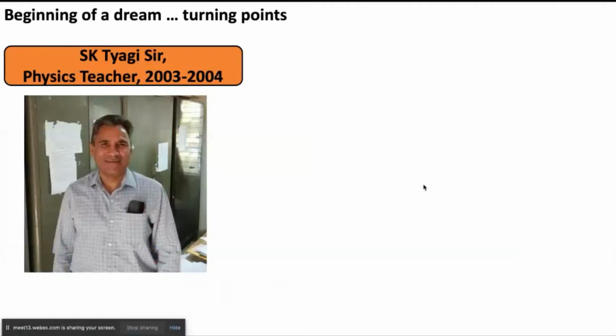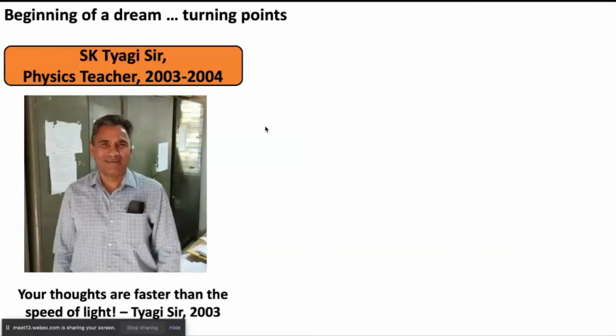Then I had basically two turning points in my life. When I was in 11th standard, I had this physics teacher, S.K. Tyagi sir. He knew that I was crazy about astronomy, and I think he felt that I was going to fail my 11th and 12th standard physics exams because I was just into astronomy all the time. Anyways, he told me something which still stays with me, and I'm forwarding it to you.